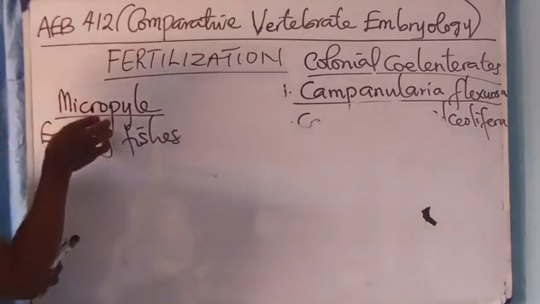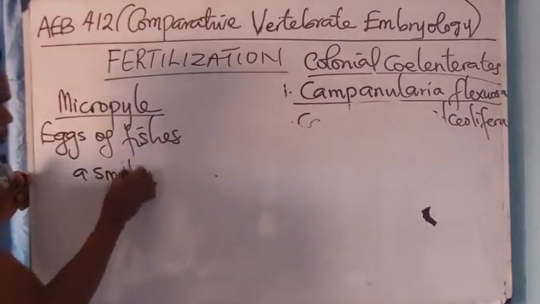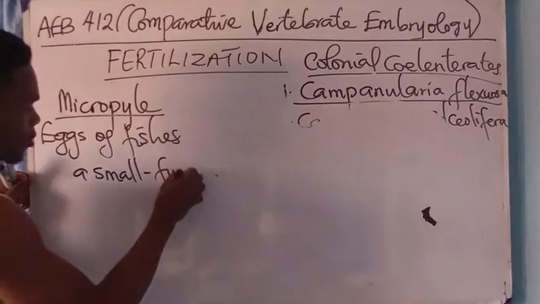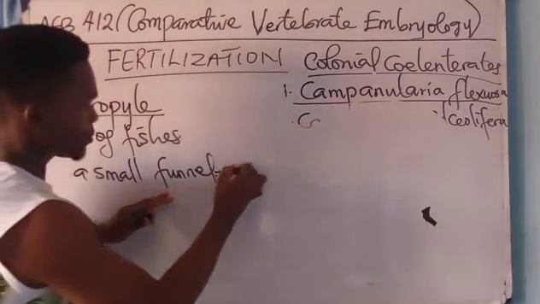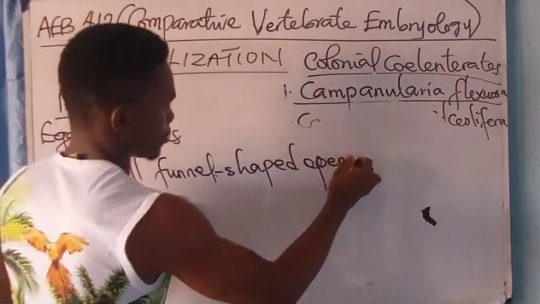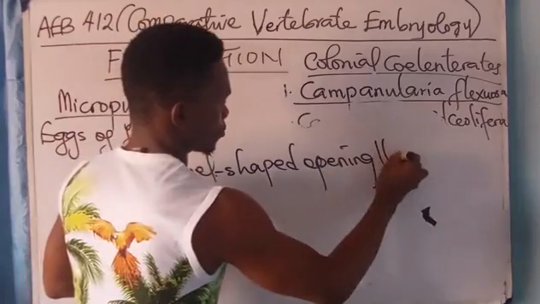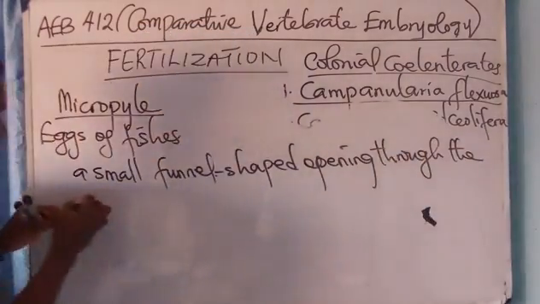What is the short description of the micropyle? The micropyle is a small funnel-shaped opening through the chorion.